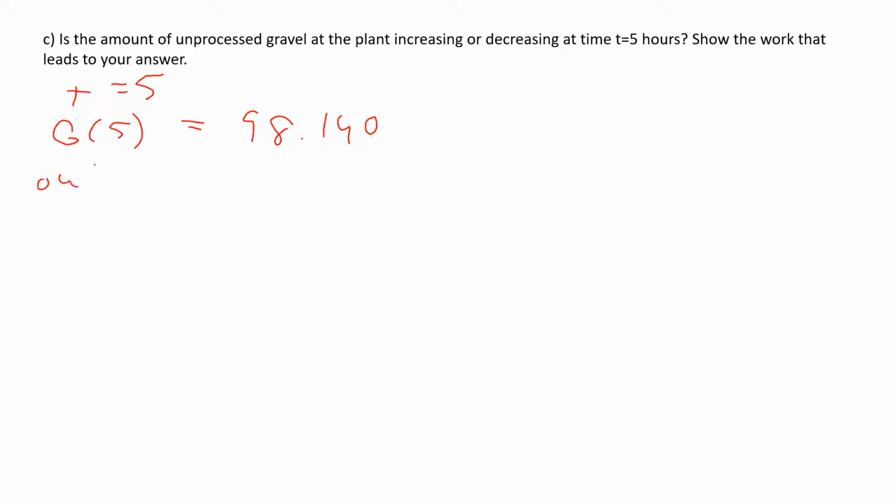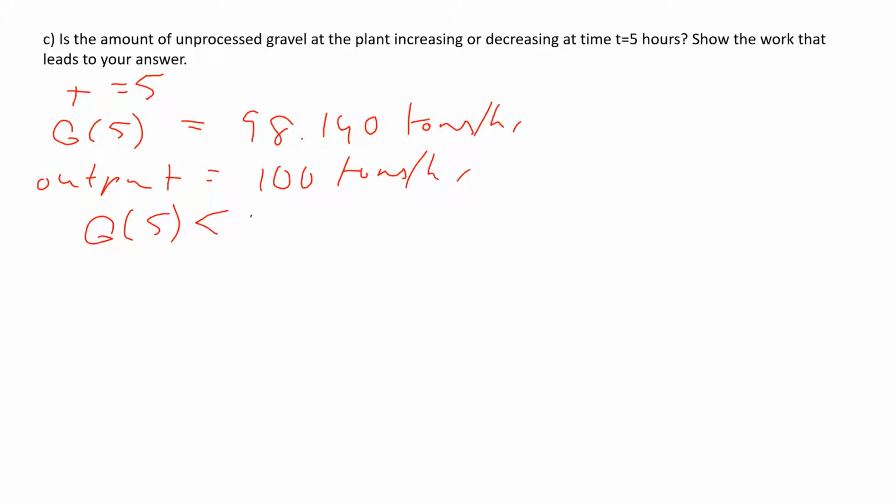So I'm just going to say output equals 100 tons per hour. We notice that the rate at which it's arriving, G of 5, is less than the rate at which it's being processed, the 100.